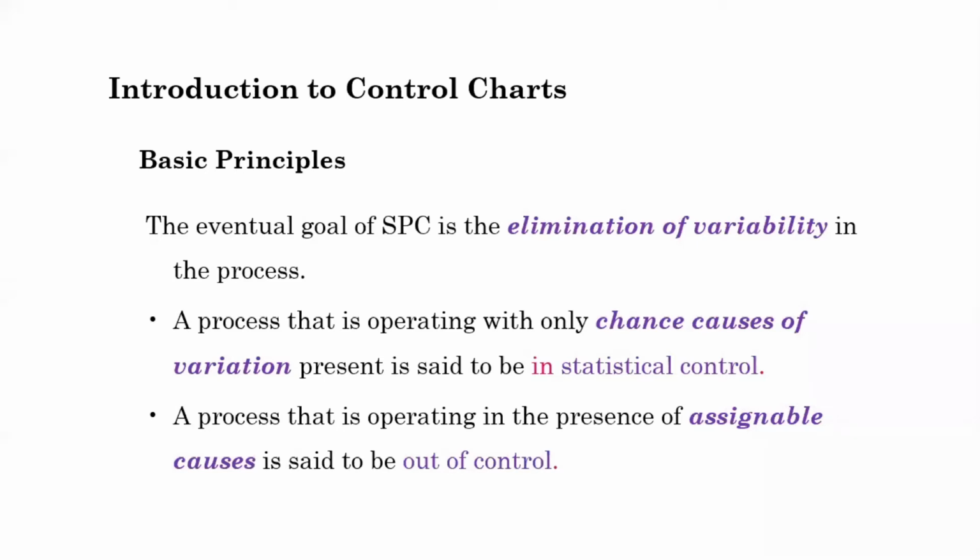The worker is making the variation, or the worker is the reason for the variation that we are observing in the process. Or we could say the measurement instrument is the problem that is causing variation in our products.